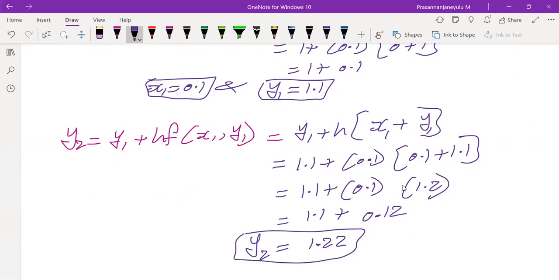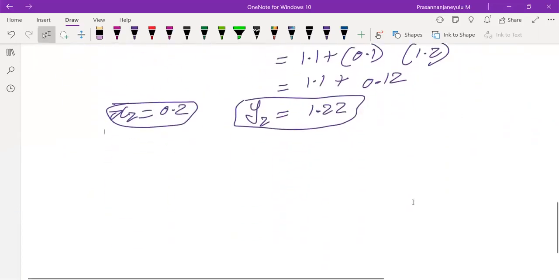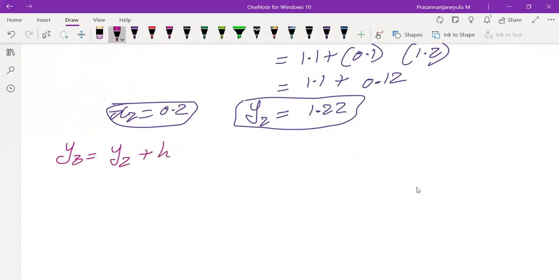But what is x2 value? We know that x1 plus h, that is 0.2. Okay, so we require these values for finding our next step. What is the next step? Finding y3. Y3 equals to, what is the formula of y3? Y2 plus h into f of x2 comma y2.